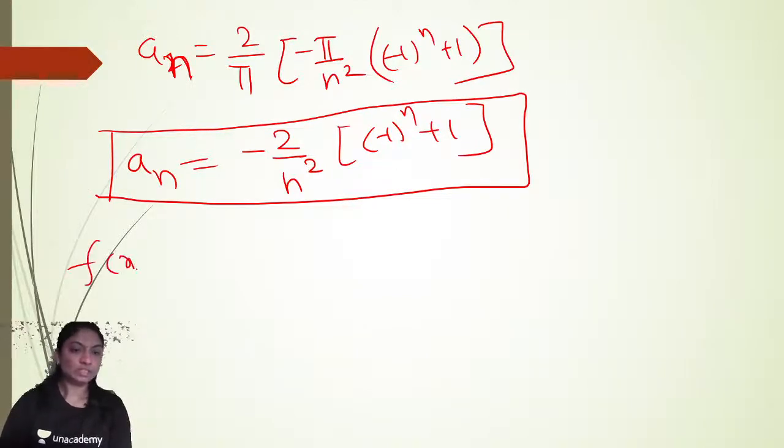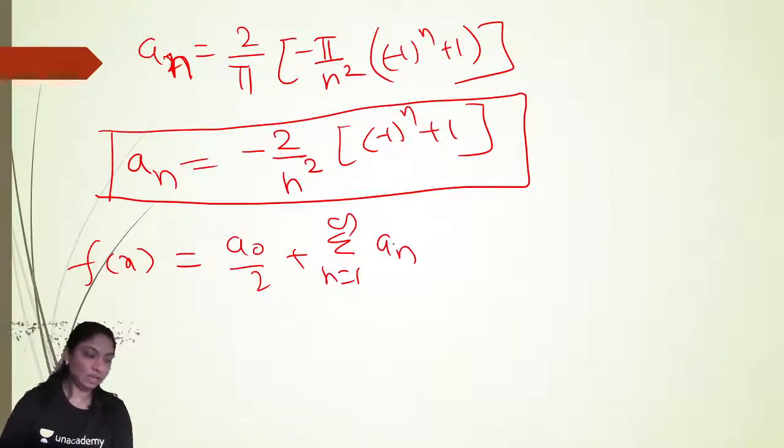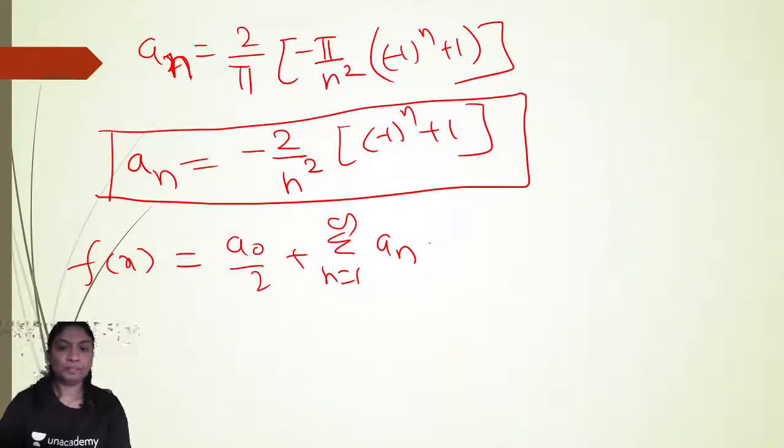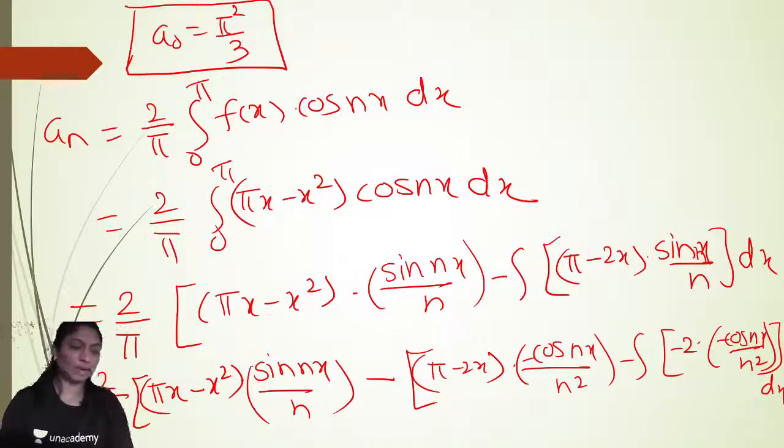So f of x is equal to a0 by 2 plus summation n varying from 1 to infinity an into cos nx. The value of a0 is pi square by 3.